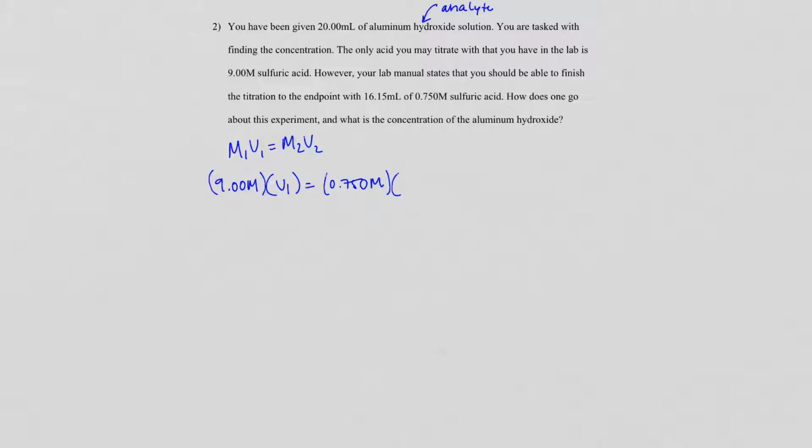I wouldn't just make 16.15 mL. Spills happen. You do need to make sure that air bubbles are out of your burette. In my opinion, you should make 25 mL. So let's just say we're going to make 25 mL.